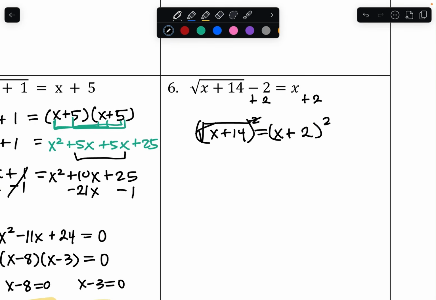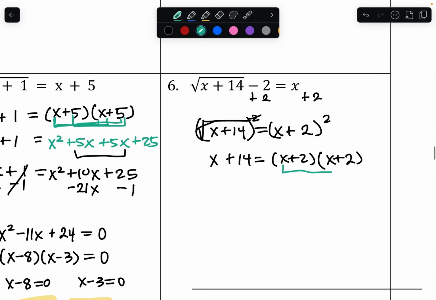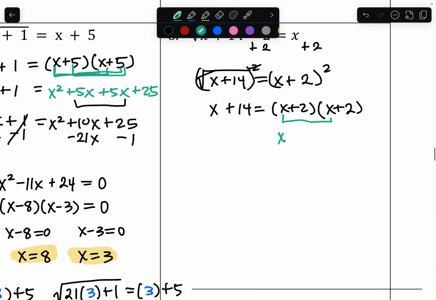Square root and square cancel, giving me x plus 14 equals x plus 2 times x plus 2. Remember, we have to FOIL that out. Do not distribute your square. So x squared plus 2x plus 2x plus 4.